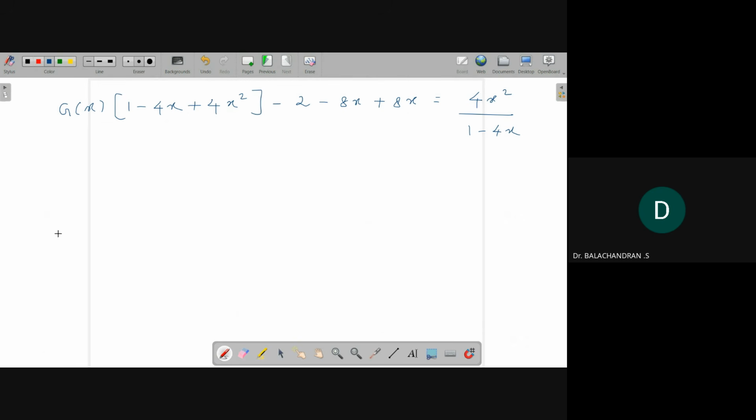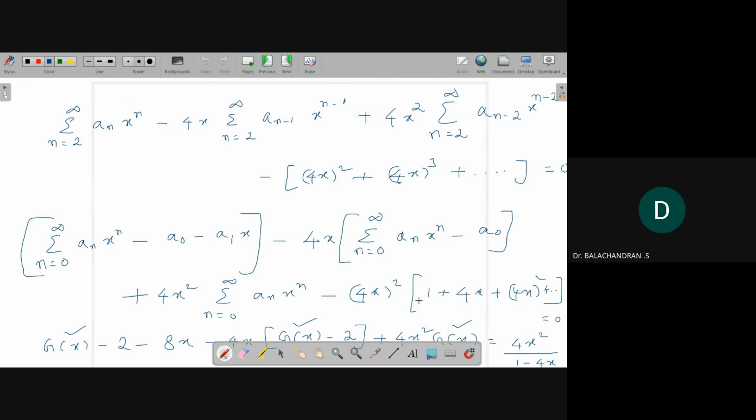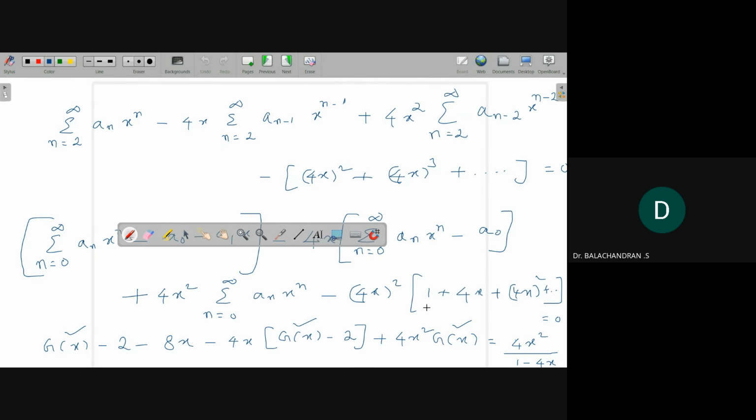Okay, now this is g of x into 1 minus 2x whole square, which is equal to 2 plus I think this is 4x square, 4x whole square. 4x whole square means what? 16x square.